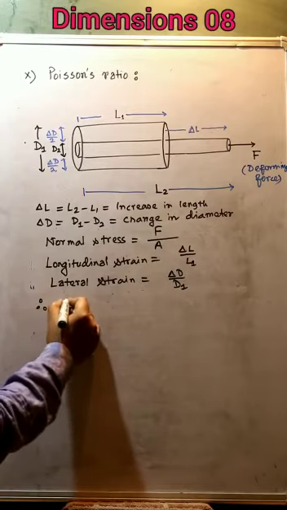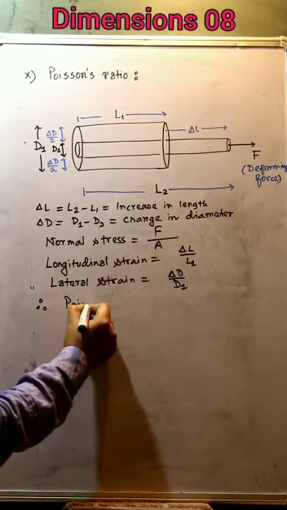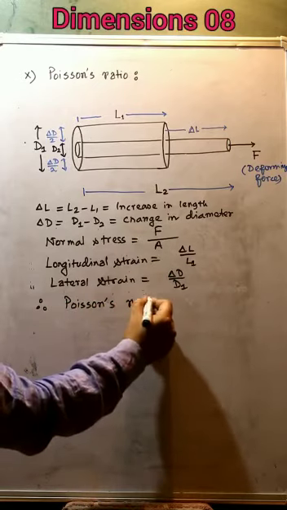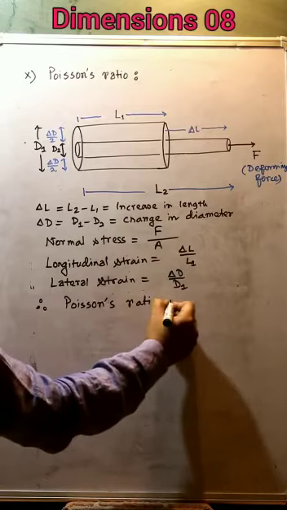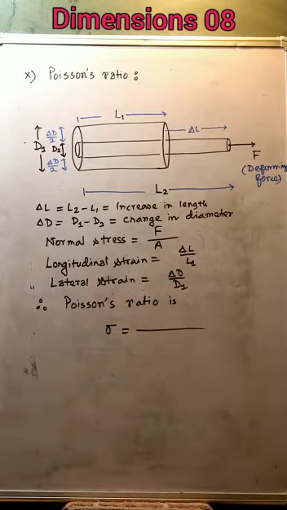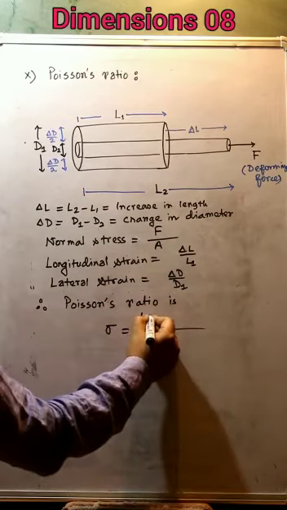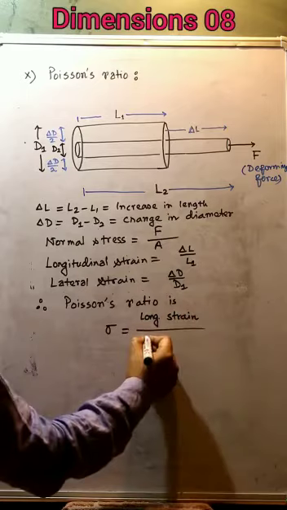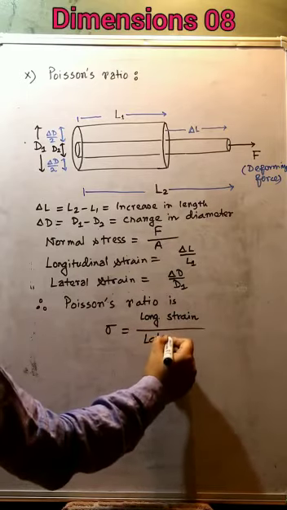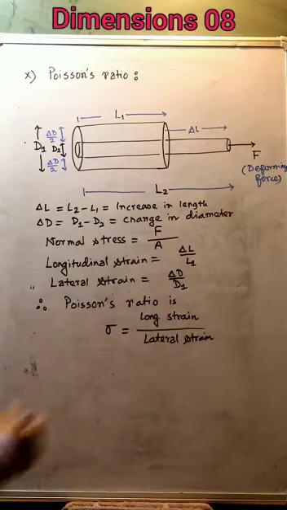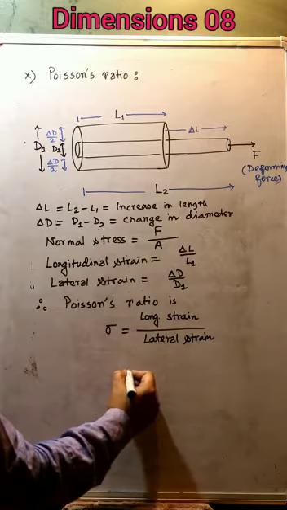Hence, what should be the mathematical expression of Poisson's ratio? Poisson's ratio is given by sigma, which is the ratio of lateral strain to longitudinal strain. Lateral strain is related to change in diameter.